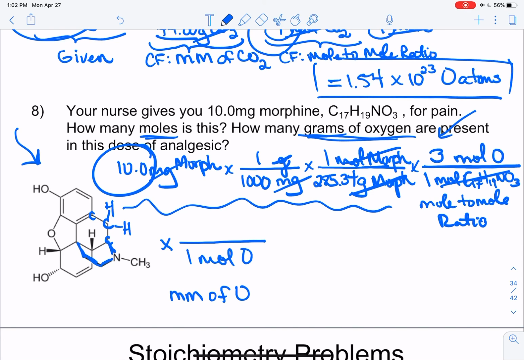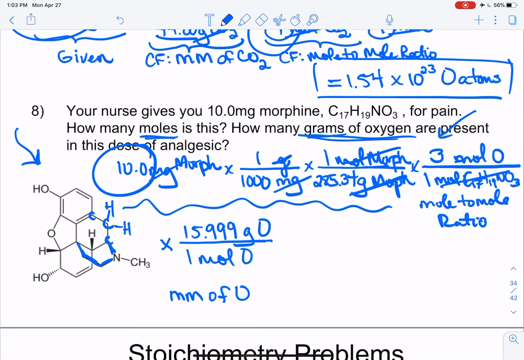What does that weigh? Well, this is where you would just look at the periodic table, and off of the periodic table, it would say that 1 mole of oxygen weighs 15.999 grams. Or you could ask yourself, what does 1 single oxygen atom weigh? Well, that would be 15.999 AMU. So we've got the same number there, just a different unit.